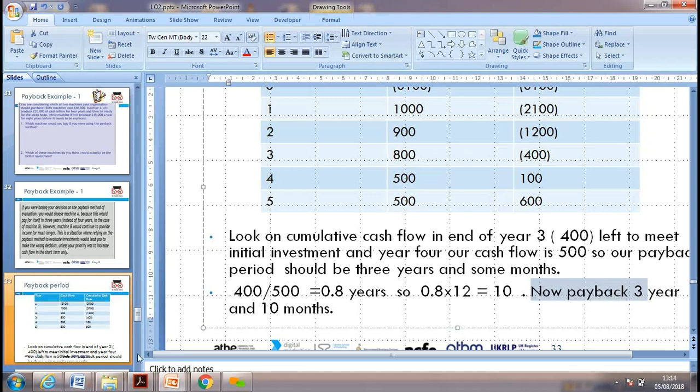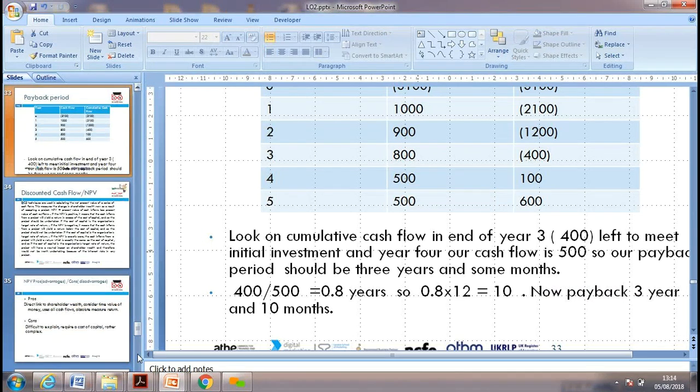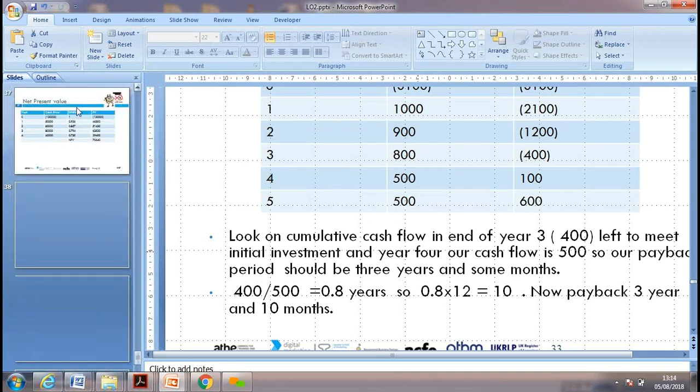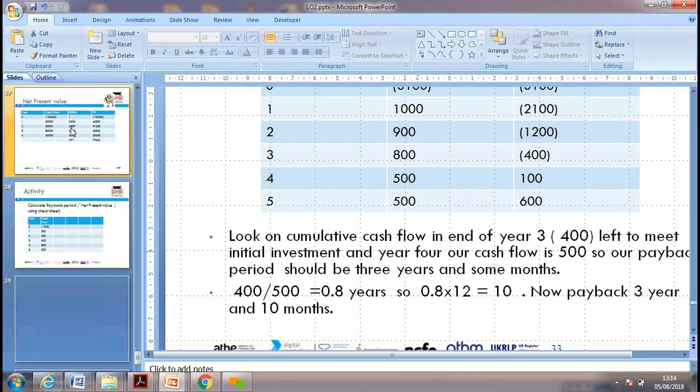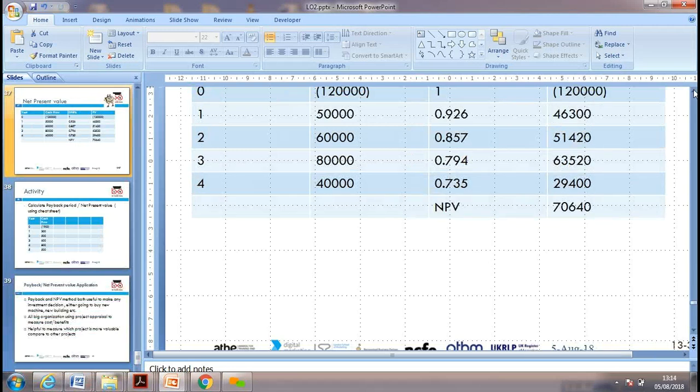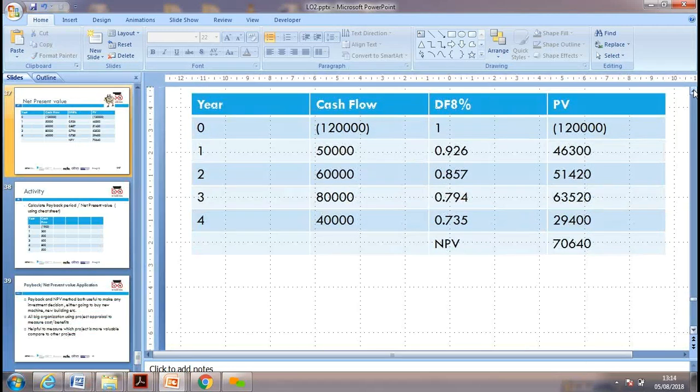Any question? No. And NPV means net present value: the money which we have now and the money which we'll get in future have a different value. The pound value today and the pound value in future will always increase or decrease, normally decrease, so we always need to keep that in view.